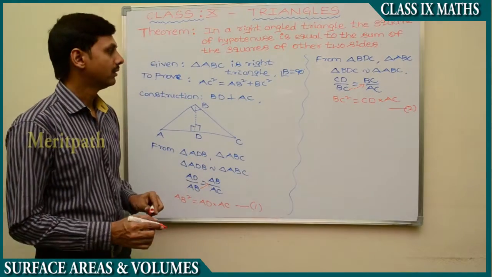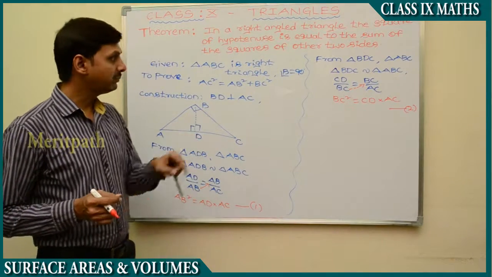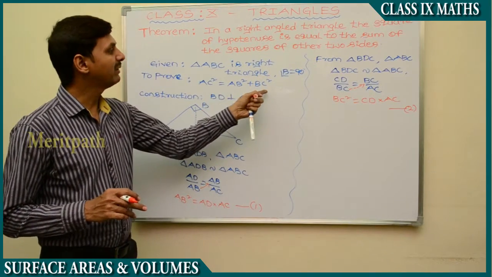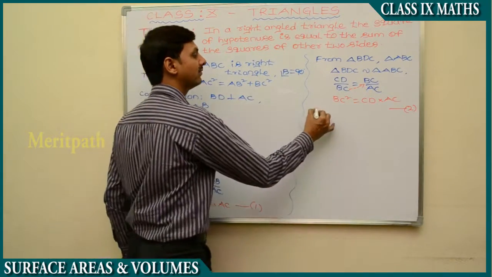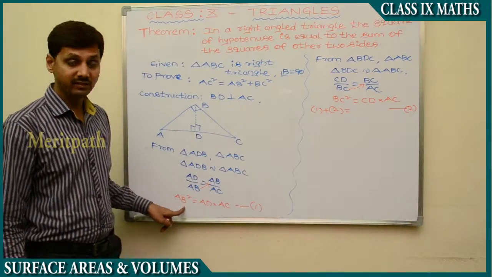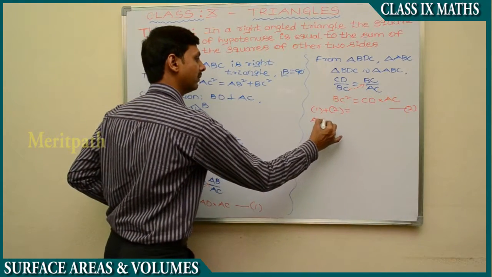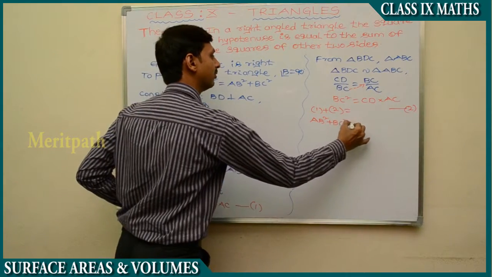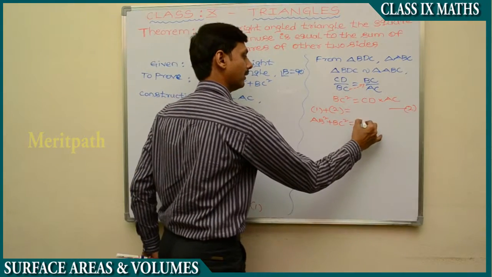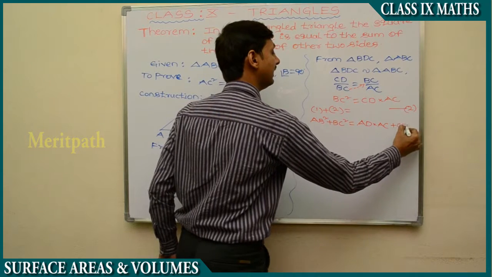Second equation. So from the first and second equations, AB square and BC square, let's add these two equations, then we can get AB square plus BC square. By adding the first and second equations, the left-hand side is AB square plus BC square, and the right-hand side is AD into AC plus CD into AC.